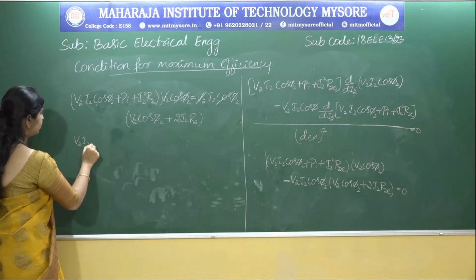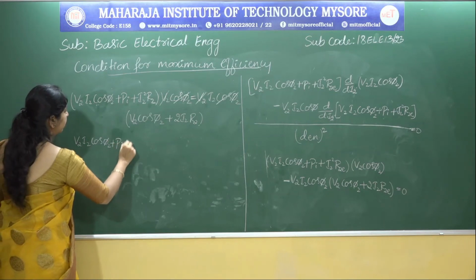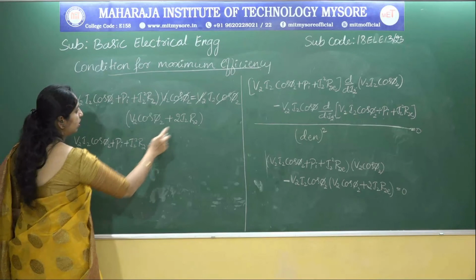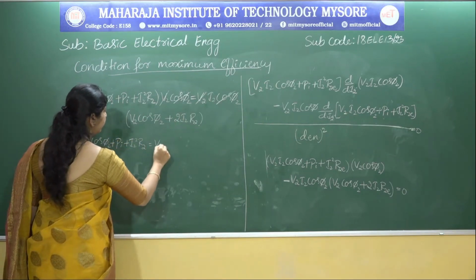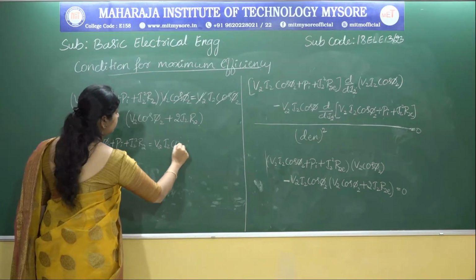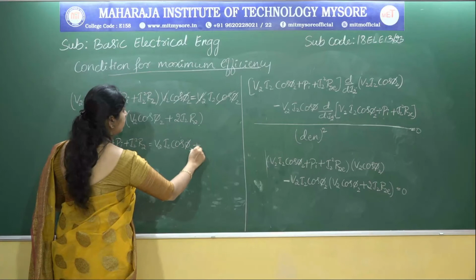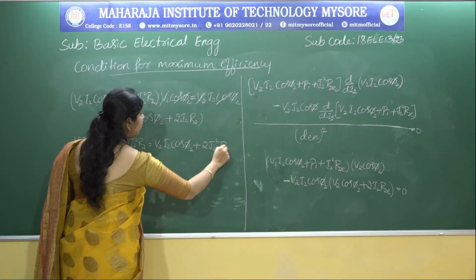V2 I2 cos phi 2 plus Pi plus I2 square R2 is equal to, now I am multiplying this I2 here. So we get V2 I2 cos phi 2 plus, again multiply this I2 here, so we get 2 I2 square into R2.